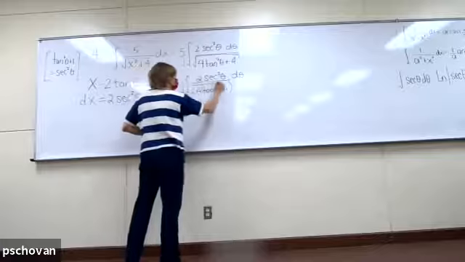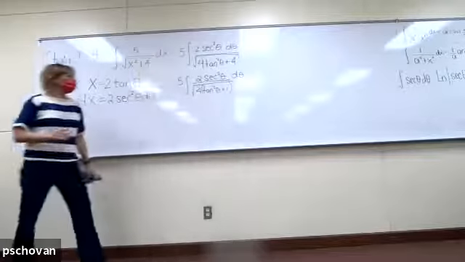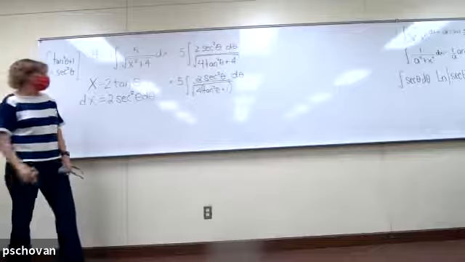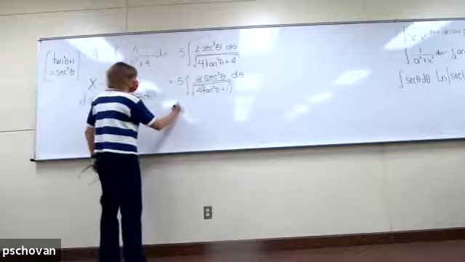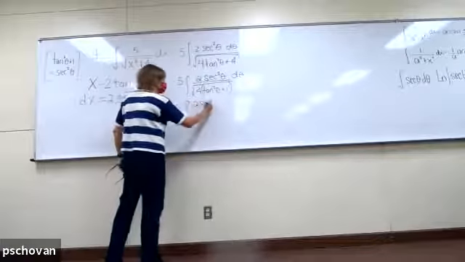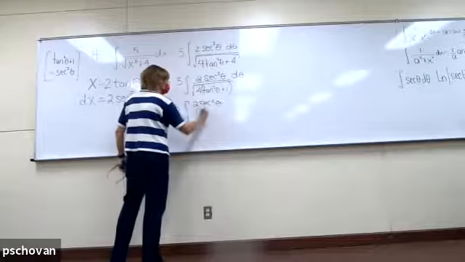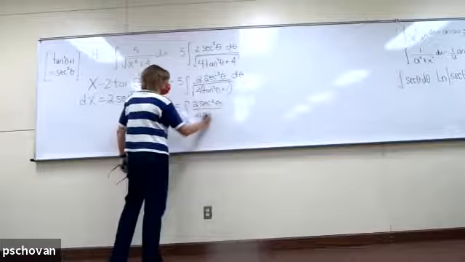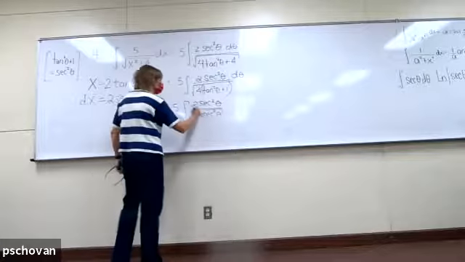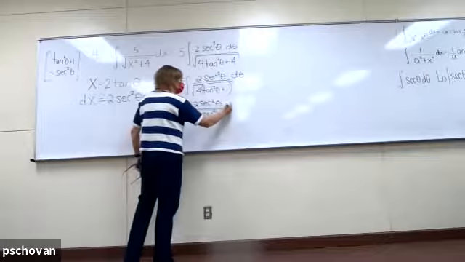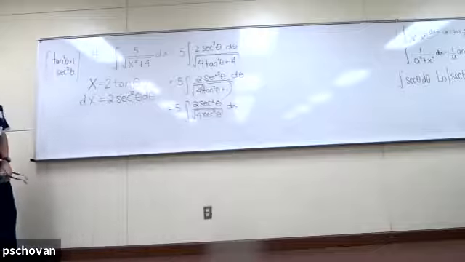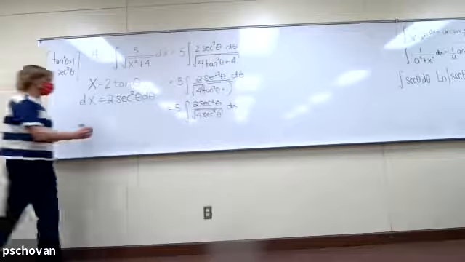It's still under the radical sign. And here's where that identity comes in handy. The tangent squared theta plus 1 is secant squared. So I have 4 secant squared of theta multiplied together under the radical sign. Now I'm able to take the square root of each term, so I'm going to get a 2 secant of theta in the denominator.